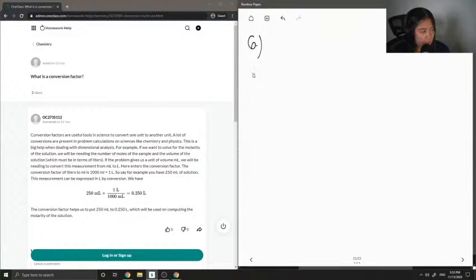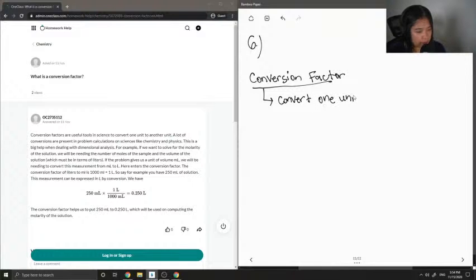Okay, so the next question just asks, what is a conversion factor? Simply put, it's something we use to convert one unit to another unit.